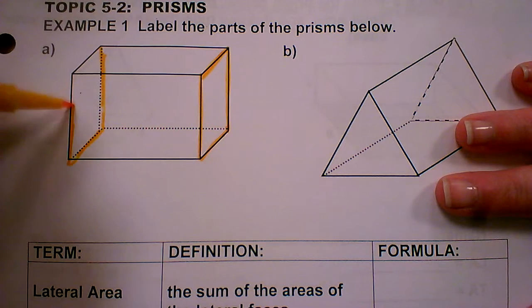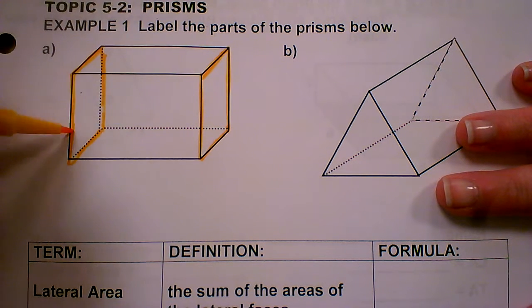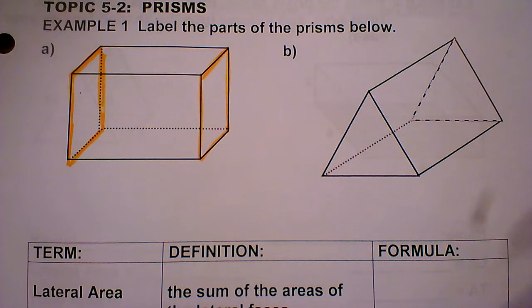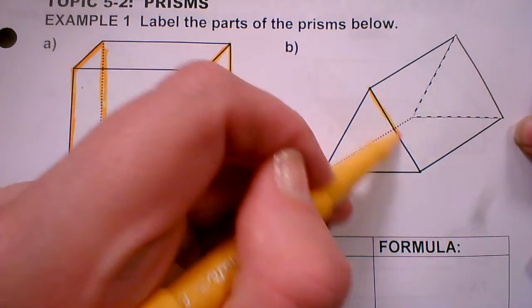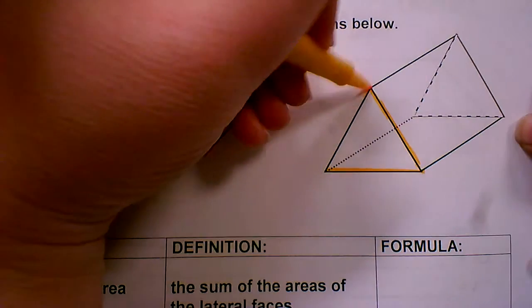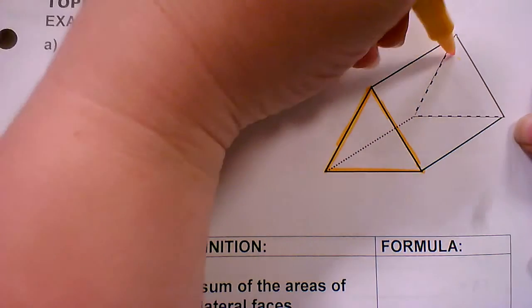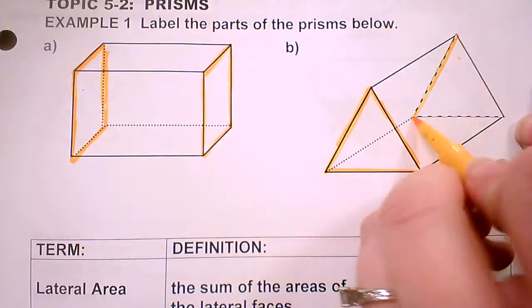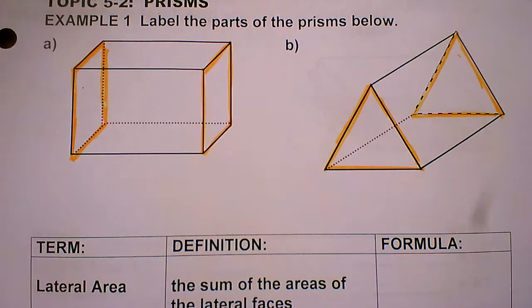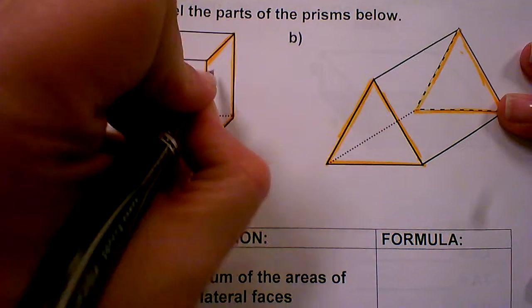Actually, on a rectangular prism you can choose any parallel set of rectangles, but on other types of prisms, for example the triangular prism, the ones that are parallel and congruent are the 2 triangles. So those shapes we call bases.